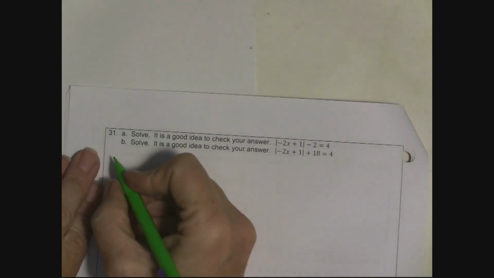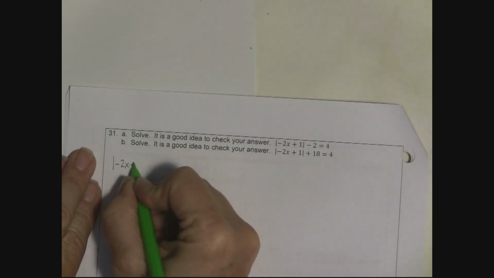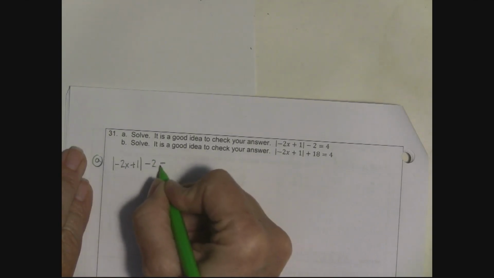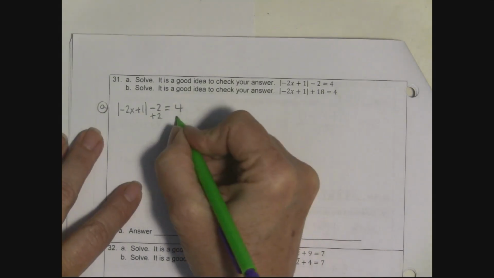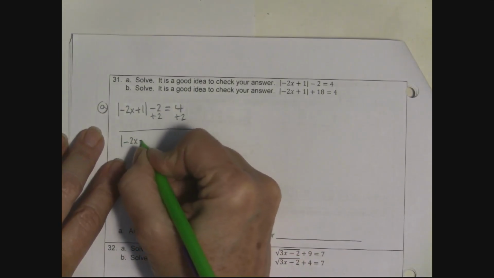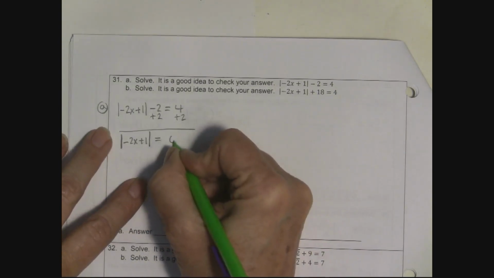Okay, so I have absolute value of 2x plus 1. This is the A. And minus 2 equals 4. Absolute value has to be all by itself on one side of the equation. So I'm going to add 2. And I get the absolute value of 2x plus 1 equals 6.